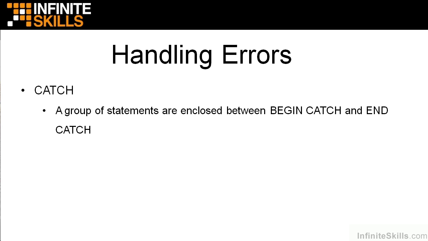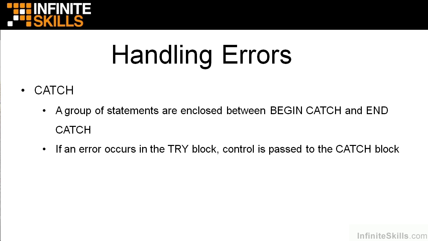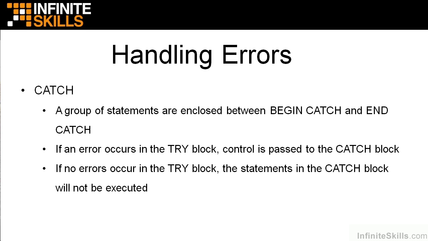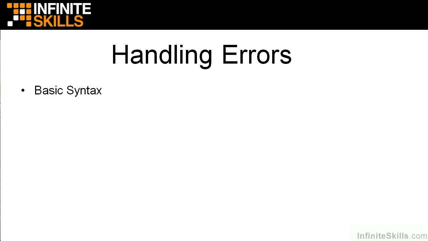Now, let me give you a visual on this in just a minute. On the catch section of the try-catch statements, there's a group of statements enclosed between begin catch and end catch. If an error occurs in the try block, then control jumps down to this catch block. And if no errors occur in the try block, the statements in the catch block will never be executed. So you only get execution in the catch block when there's an error in try.